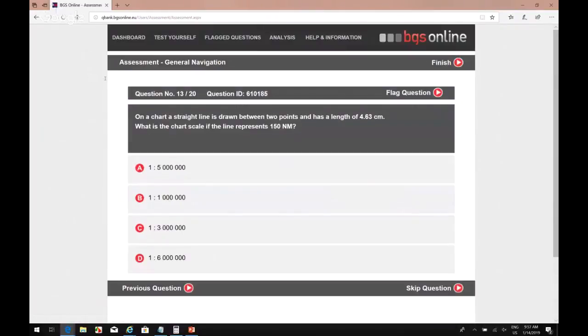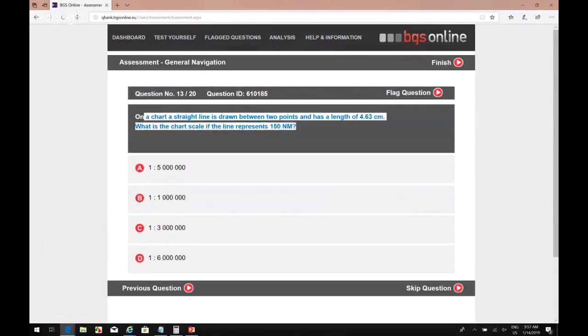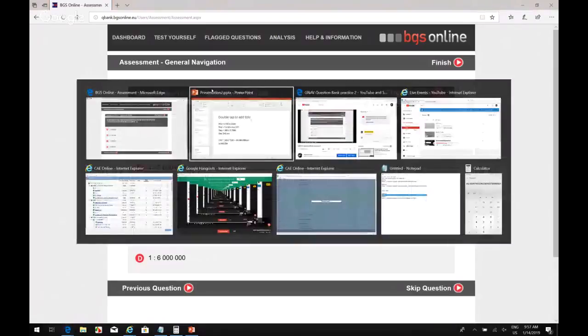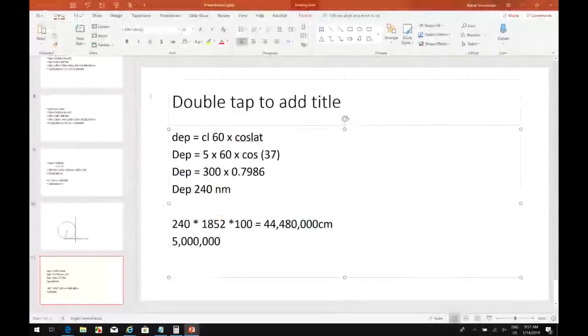On a chart, a straight line is drawn between 2 points and has a length of 4.63 centimeters. What's the chart scale if the line represents 150 nautical miles? So we'll just say 150 times 1852 times 100.